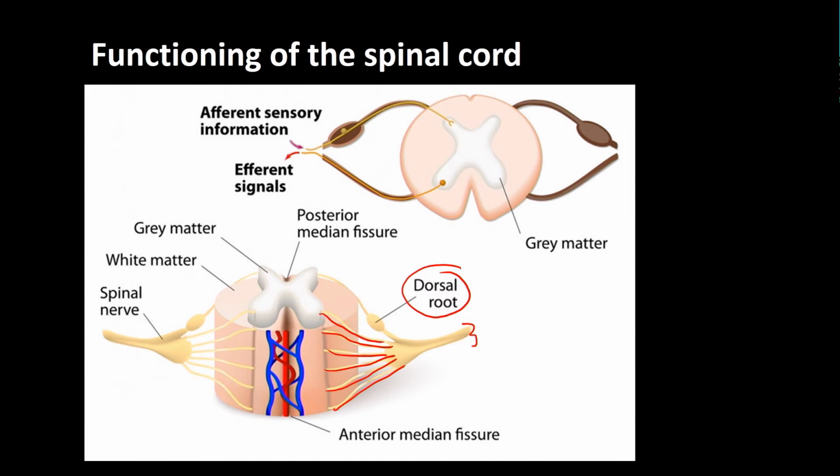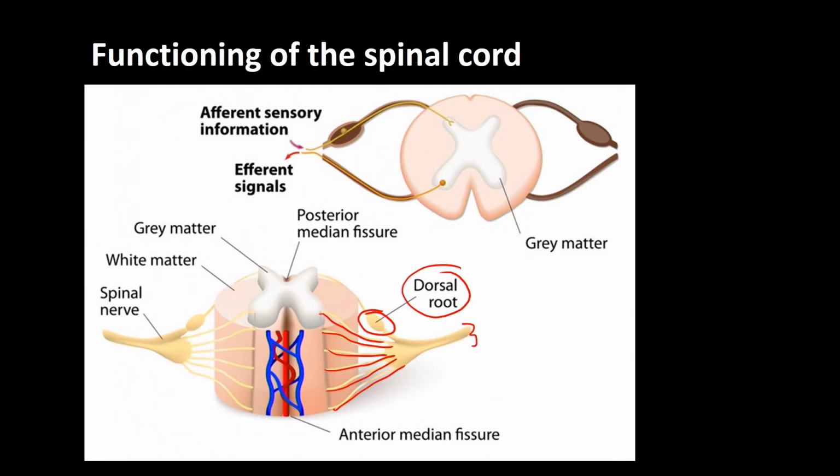The way you can tell which is the dorsal root and which is the ventral root is the dorsal root always has a little swelling on it. And the swelling is where the cell bodies of the unipolar or sensory neurons are actually located. So that's why you shouldn't get confused between what is a dorsal root and what is a ventral root.